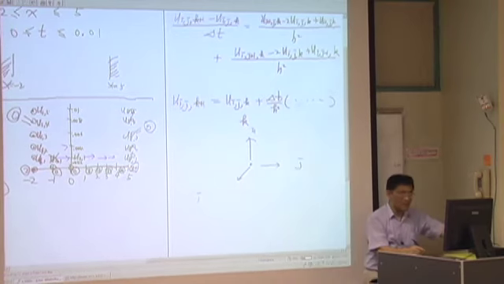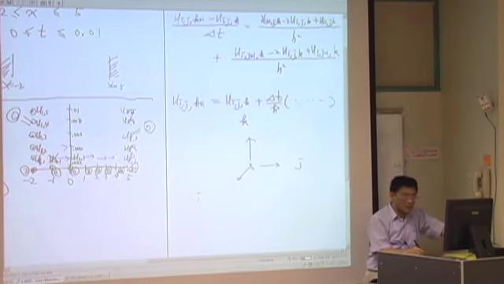But in this sense, what happens? We know this value, right? We need to use this value. And then, as you can see, one advanced value in the X direction, right? And then one behind value, right? And similarly, one advanced value in the J direction and one behind, right?